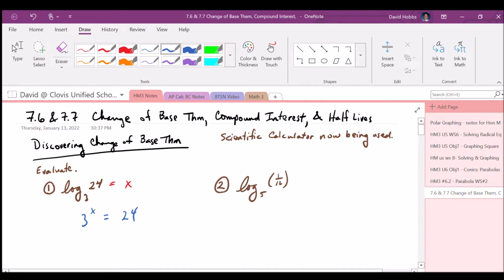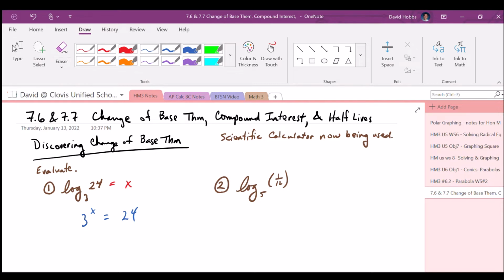And so what we do, even though we have a scientific calculator available to us now, is this: every scientific calculator is only guaranteed to know 2 bases for logarithm.